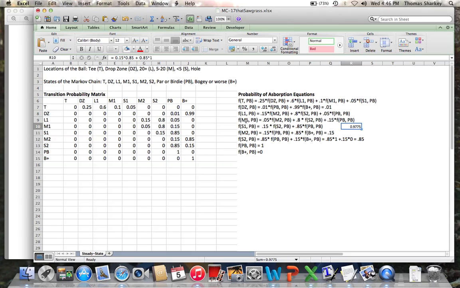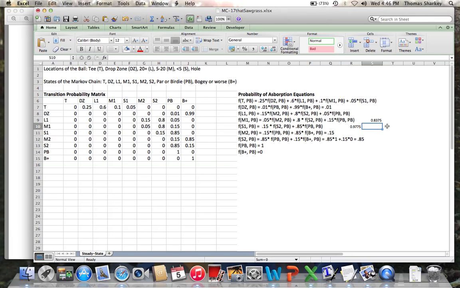And then we can look at f of M1. This is going to be equal to 0.05 times the 0.15 that we solved for f of M2 comma PB, added to 0.8 times f of S2 comma PB, which we just determined to be 0.85, and then we add in the last 0.15 times 1, because we can hole out.